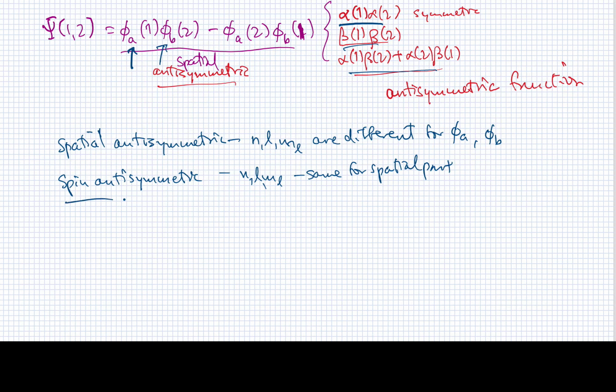But the spin was antisymmetric, so that automatically implied that m sub s was different for the spin part. All right, so in effect what's happening here is we can see that I can't have all four of these quantum numbers the same for both electrons.